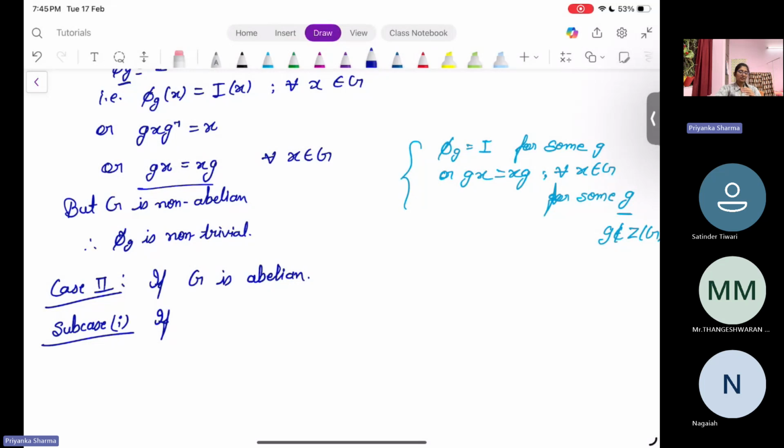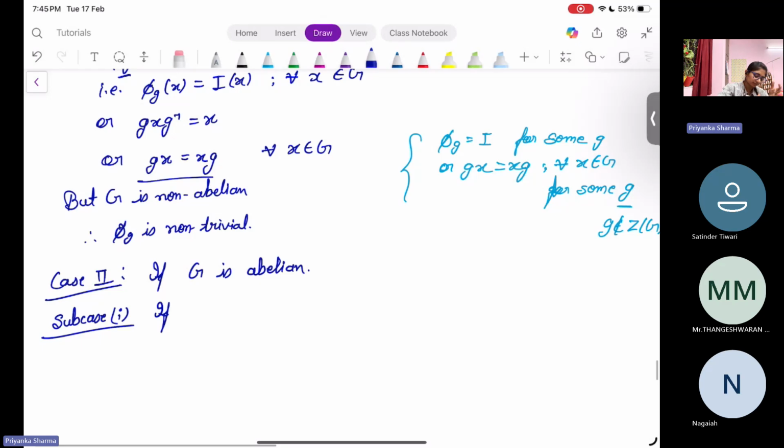Why are we considering these cases and subcases? Because we don't need to find just an automorphism. We need to find a non-trivial automorphism. The trivial one, that is the identity, will always be there. But what about a non-trivial one? So that's why we need to separate the statement into different categories.